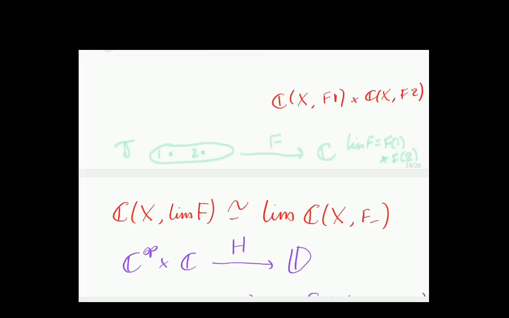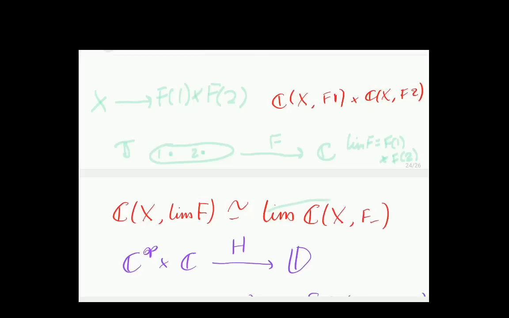Now, what's going to be the limit of f? Well, it's just going to be f of 1 times f of 2. It's just this categorical product in the category C. So on the left-hand side here, we have the arrows from x to f of 1 times f of 2, and we can see that they're going to correspond to pairs of an arrow from x to f of 1 and an arrow from x to f of 2.